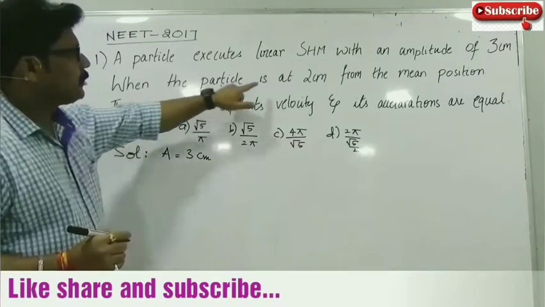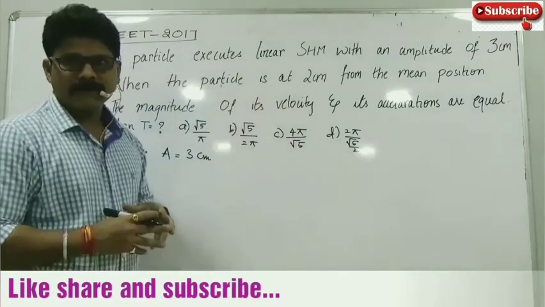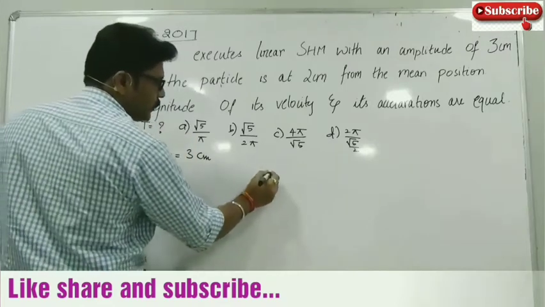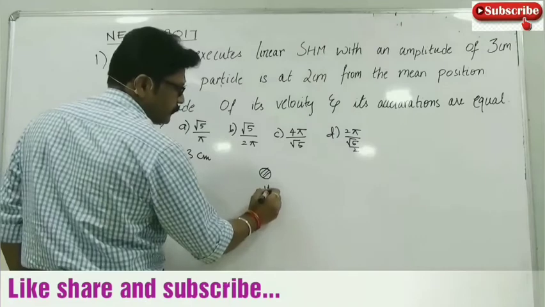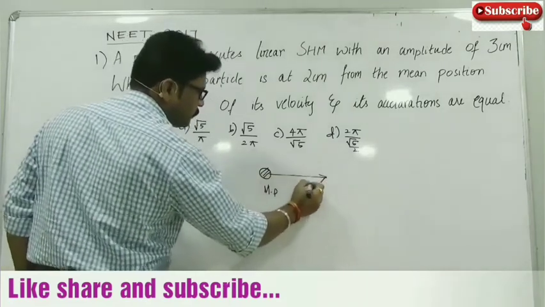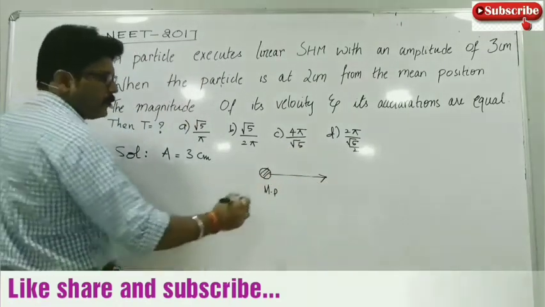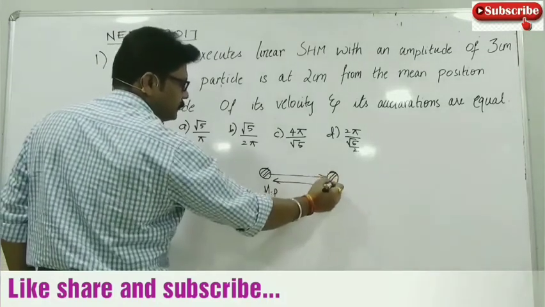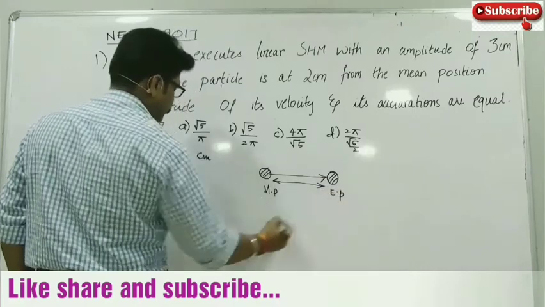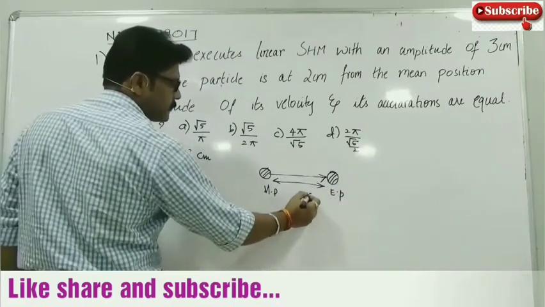Now, when the particle is at a 2 centimeters distance. Let us take this as SHM, this is the mean position, and going to the extreme position, this distance is 3 centimeters.